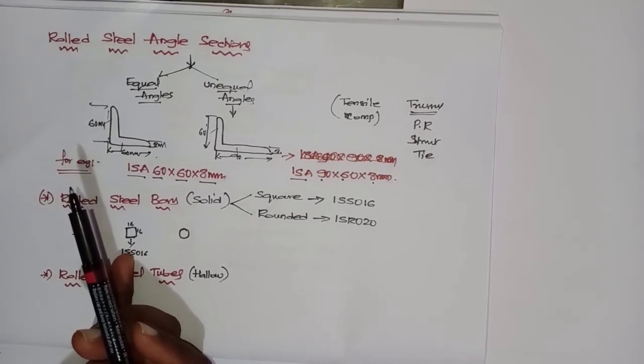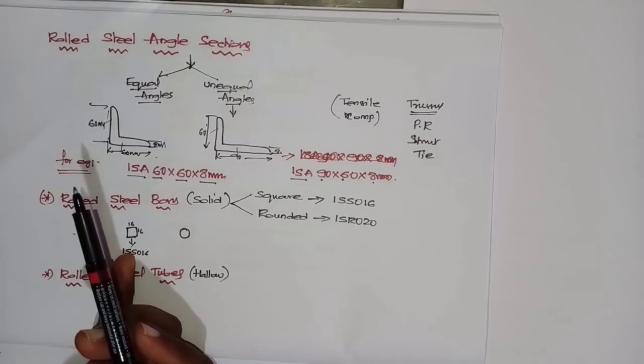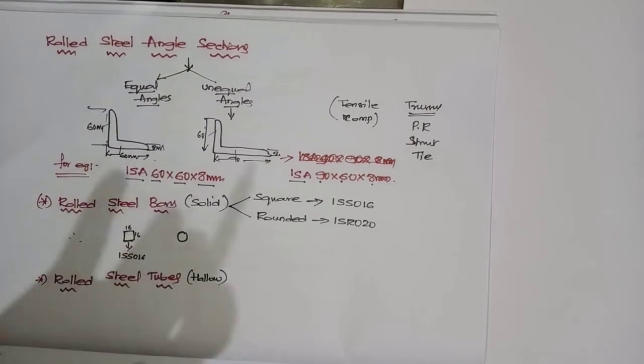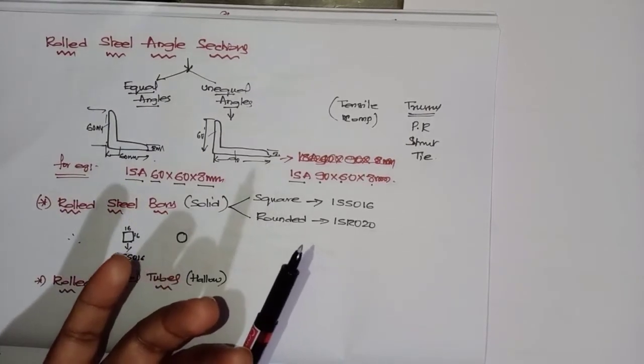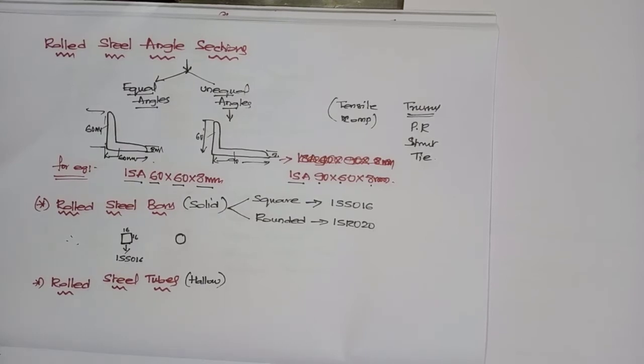If a member is carrying tensile load we call it a tension member, if a member is carrying compressive load we call it a compression member. The way of designating with respect to loading is different, but as per geometrical properties it is an angle section, right? Now coming to the rolled steel bars.